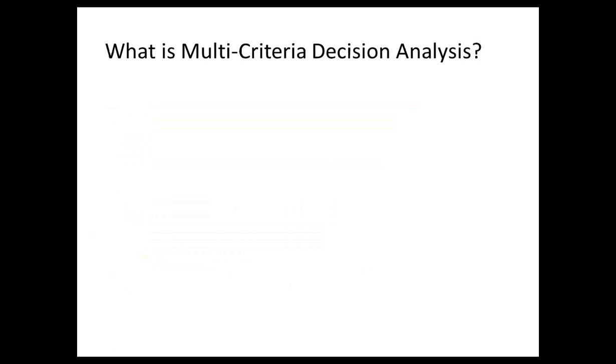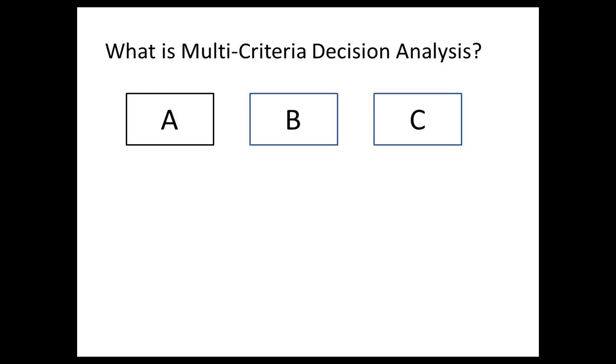Now the important question, what is multi-criteria decision analysis? In multi-criteria decision analysis, there is the consideration of different alternatives. For instance, very simply, alternative A, B, and C, or in the example of the genes, different types of genes.